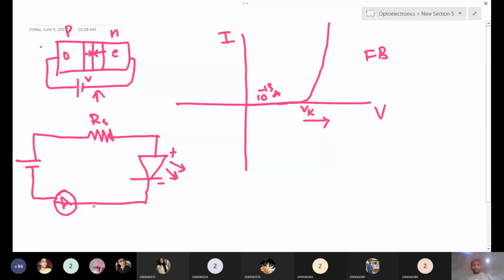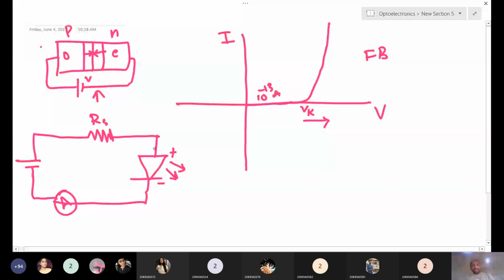Why are we connecting a series resistance? Sometimes you will give a high biasing voltage, which means a huge current will flow in the device, and there is a chance of damage to the device or LED. If you connect a resistor here, its main function is to stop the current, so only limited current flows to the device.